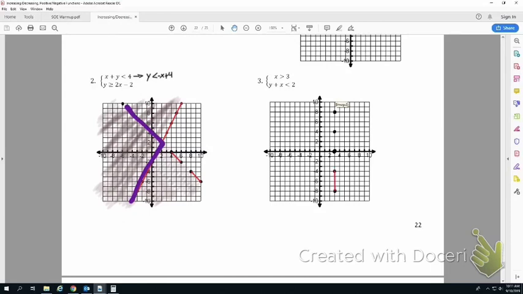We need to change our thinking a little bit on the shading here, because you can't really shade above or below a vertical line. This is the case where you would need to think right or left. If x is greater than 3, am I going to shade to the right or to the left? To the right, because that's where the numbers are greater than 3.